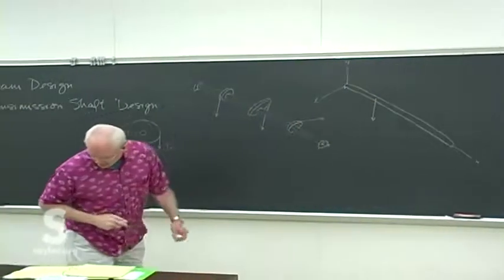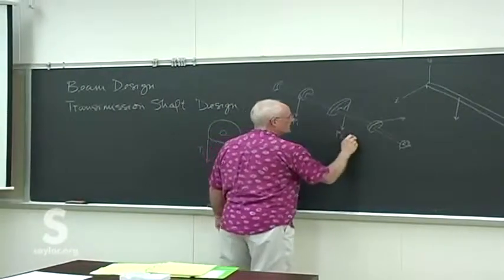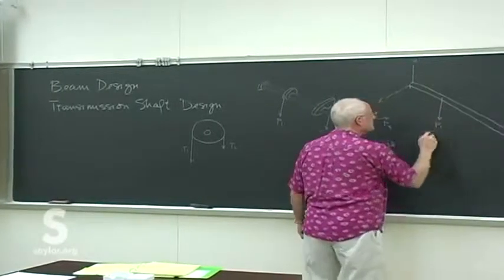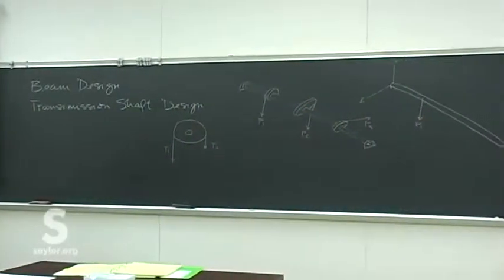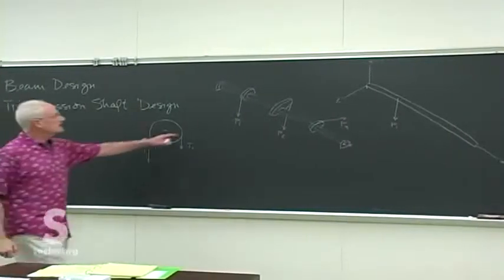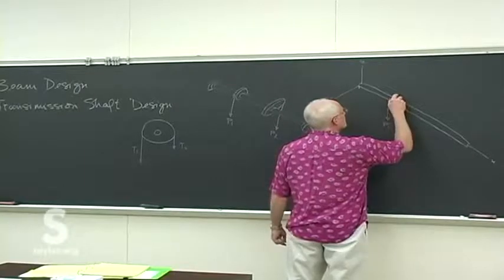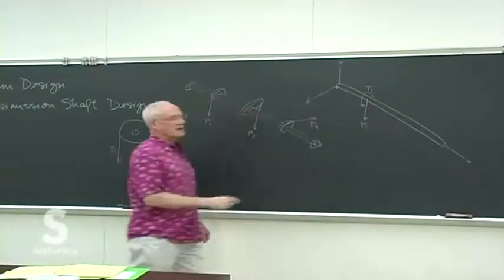So maybe if I've got some names to these, P1, P2, P3, in a fit of originality. This is still P1 causing bending in that shaft, but because of the moment arm, due to the size of the gear, there's also an applied torque at that spot.